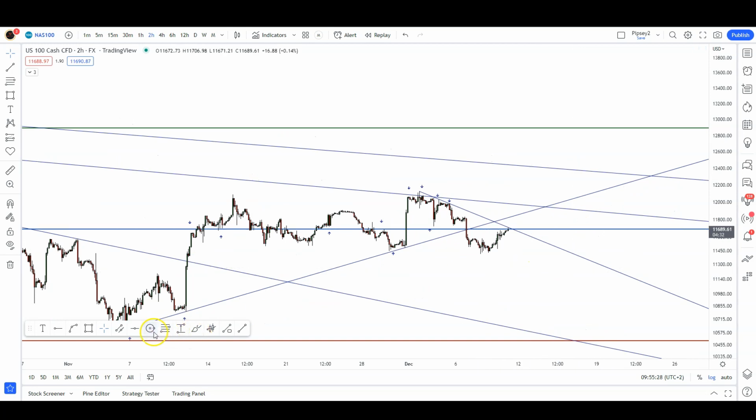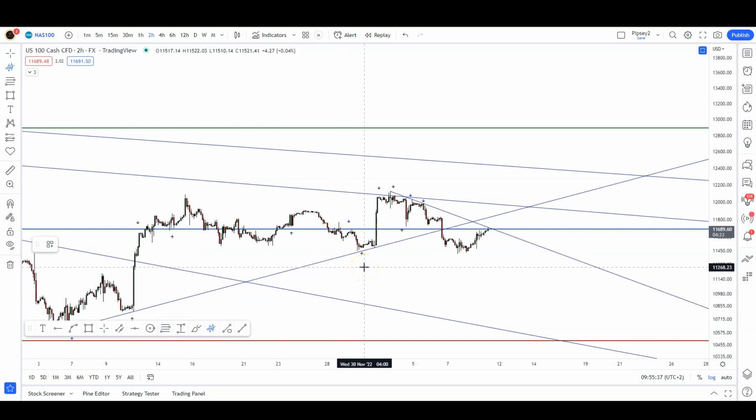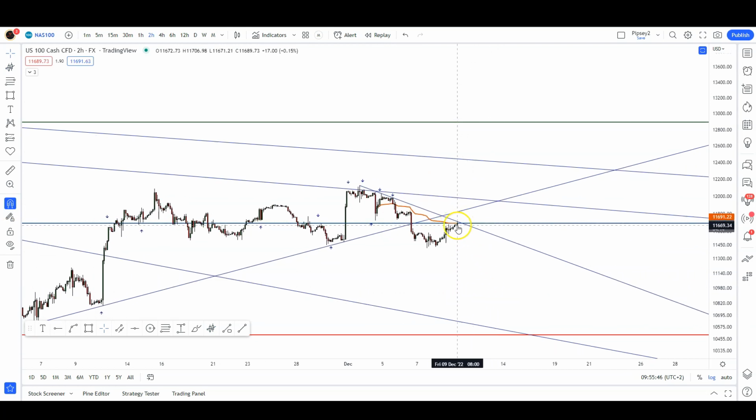Then if I take the anchored VWAP, the anchored value weighted average price, and I place it on the last significant event, which was last week's NFP over here, that has the potential to form resistance in this area.